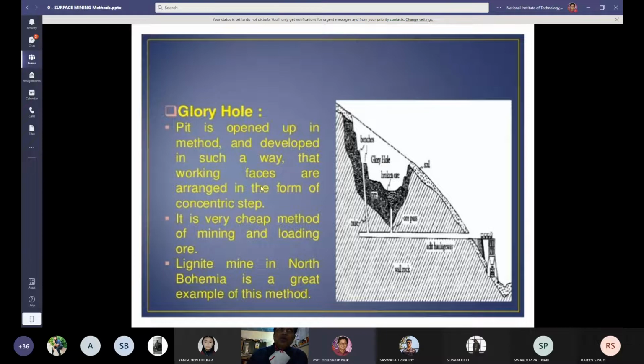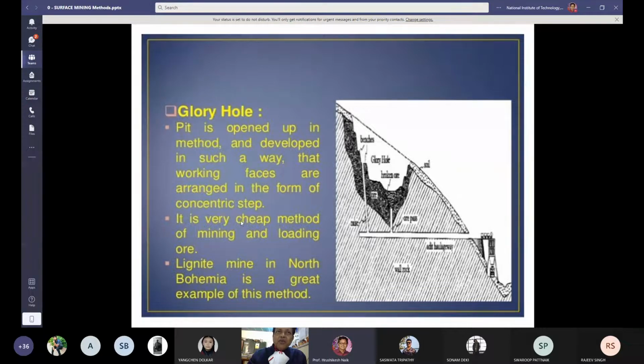In the case of glory hole mining, a pit is opened up and developed in such a way that working faces are arranged in the form of concentric steps. Step mining. It is a very cheap method of mining and loading the ore, because you are not going to mine the overburden materials, rock materials.